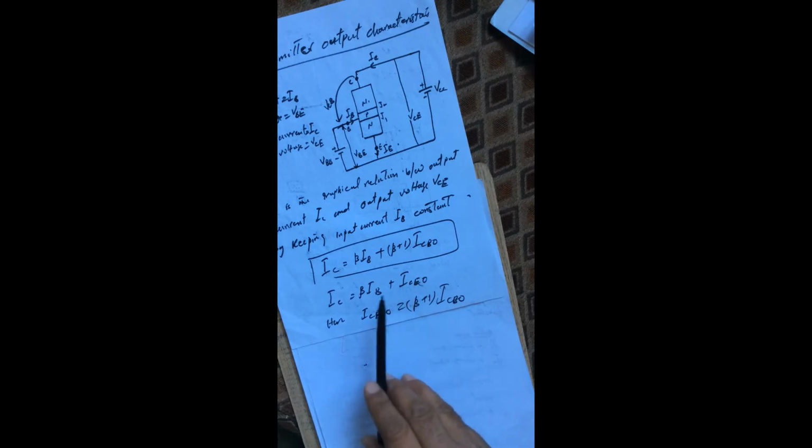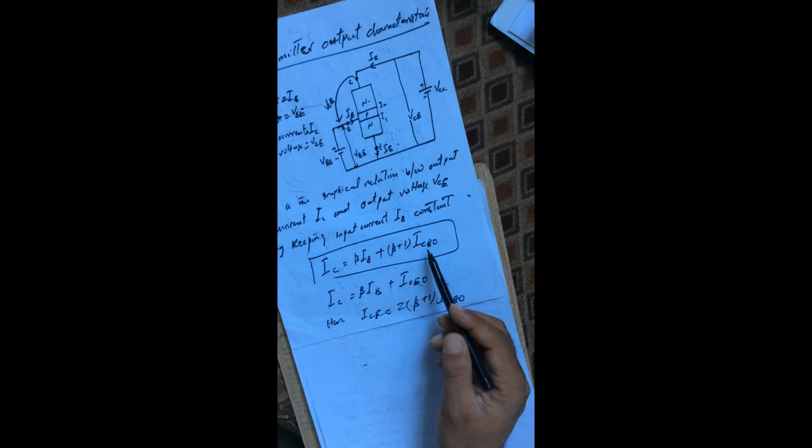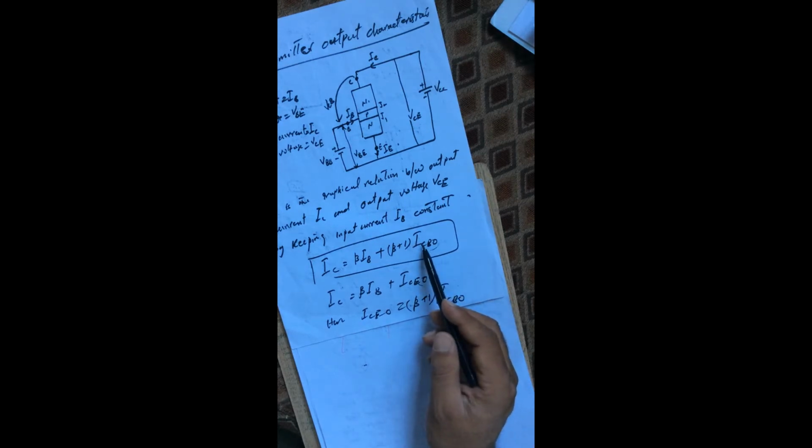In common base, the collector base junction is operating while the third terminal, the emitter terminal, is open.